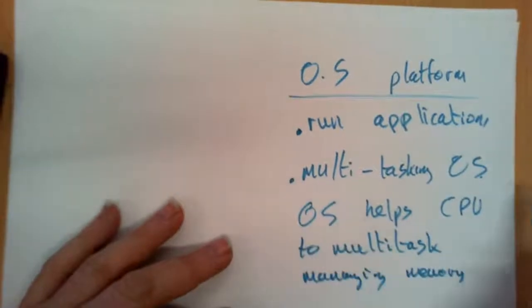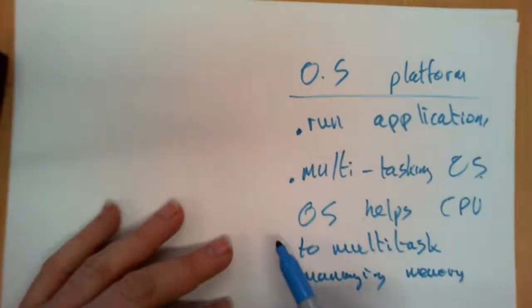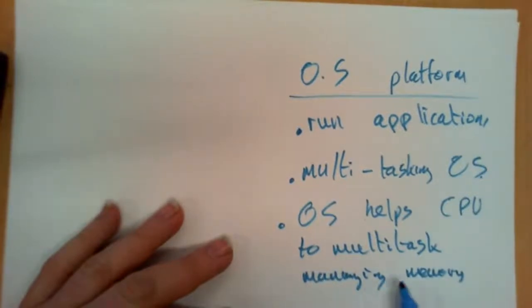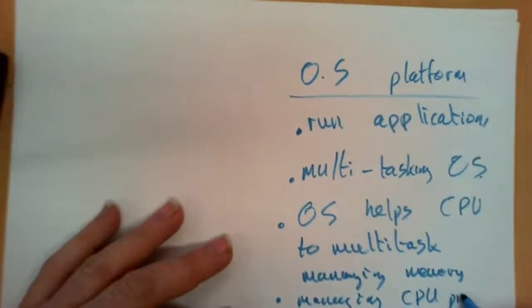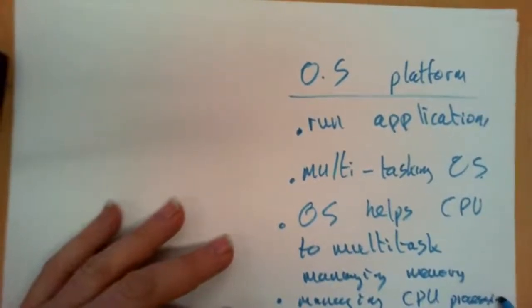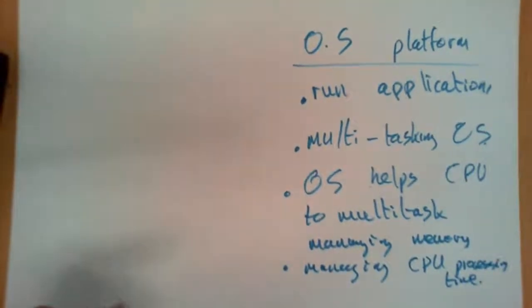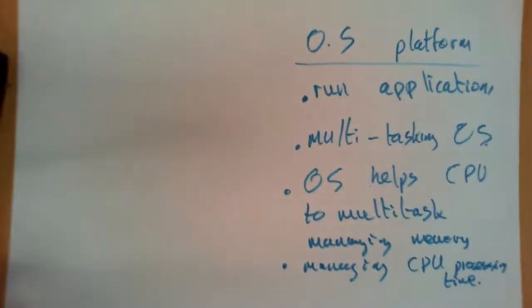These are called multitasking operating systems, and the operating system, if it's a multitasking one, helps the CPU to multitask by managing the memory, and most importantly, by managing CPU processing time. We've looked at that in the previous video: clock speed and all that. So how does it do it?